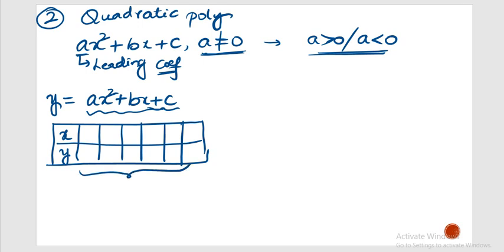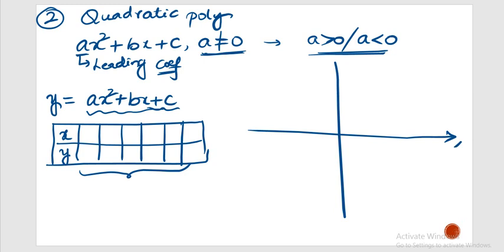After getting these points, when I move on to draw the graph, this is my x-axis and this is my y-axis. When I plot all the points that we obtain here and draw the graph, I am going to get a graph like this.